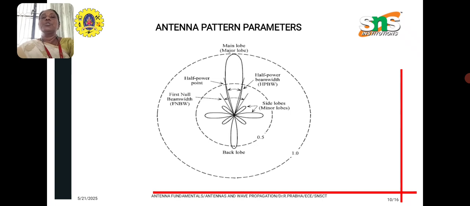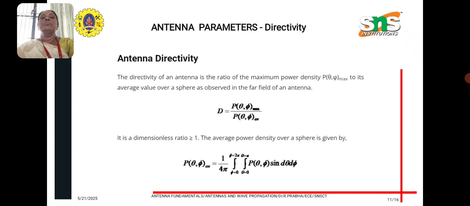If we calculate the angular width between the two half power points of the major lobe, it gives the half power beam width. Another type of beam width is the beam width between first nulls. The nulls are points of zero radiation, and if you measure the angular width between the first two nulls, it is called the first null beam width.